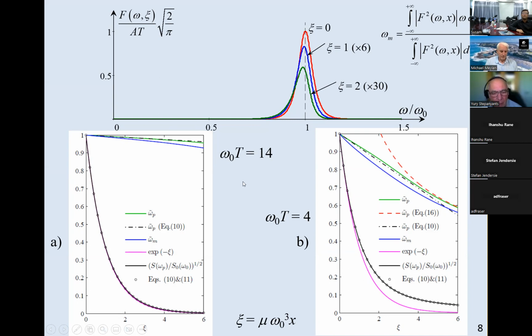So, according to this study, we obtained that when the product omega naught T is 14 for a quasi-monochromatic wave train, the amplitude decays exponentially with distance, and we have decay of the maximum of the spectrum.